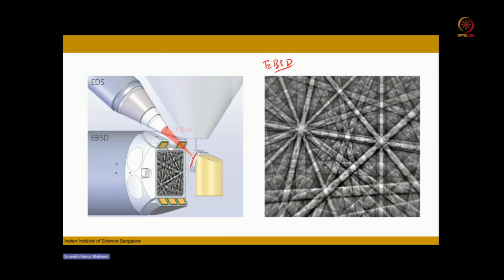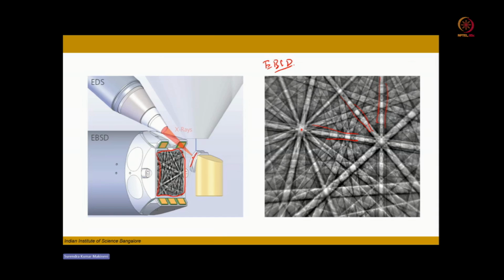These Kikuchi lines or Kikuchi bands can be detected by using an EBSD detector near the sample surface. These are very much the same as the Kikuchi lines detected in a transmission electron microscope. Here on the right side, you can see these Kikuchi bands.